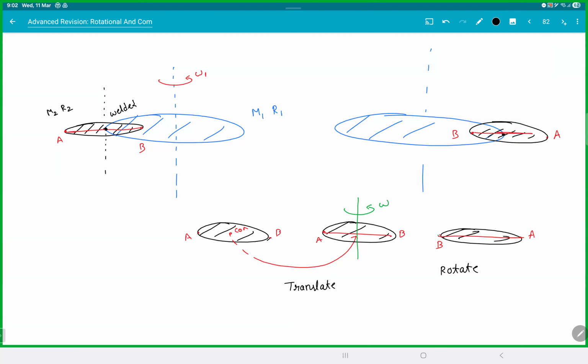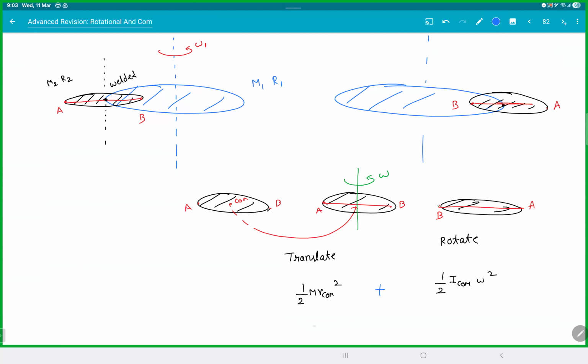Can I say this? So translation के लिए energy will be half m v center of mass square. Rotation के लिए energy will be half I com omega square. Is that clear, everyone? But we also know this is pure rotation. So if you actually look at that energy, if you add them up, see what you get.